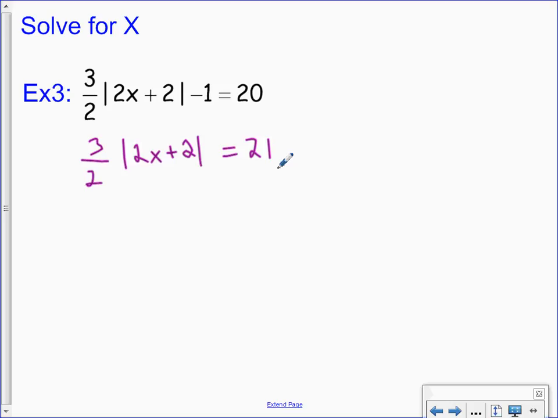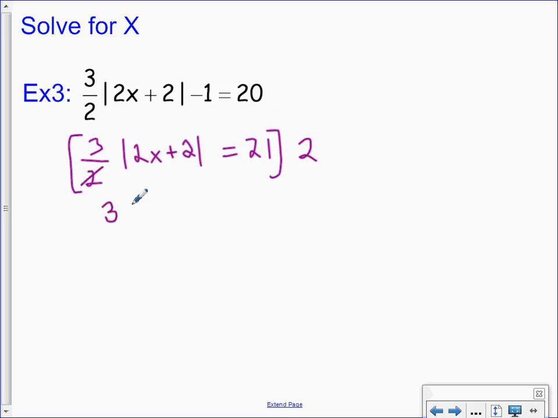All right, here we go. Multiply everything by 2. When you multiply everything by 2, will you be multiplying the stuff inside the absolute value? You do not have to. When it's being multiplied, you don't distribute into the absolute value. When you multiply the 2 to everything on this side, since it's all multiplication, all it does is cancel that 2.